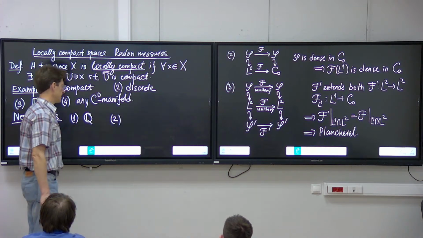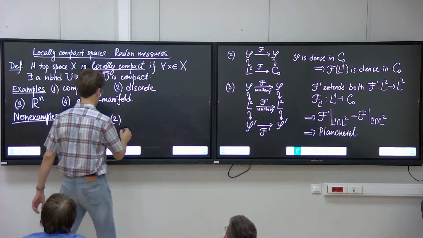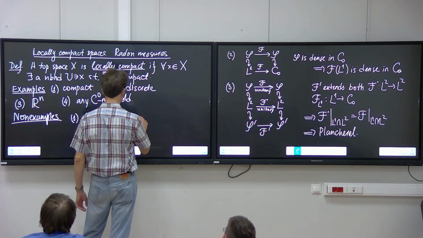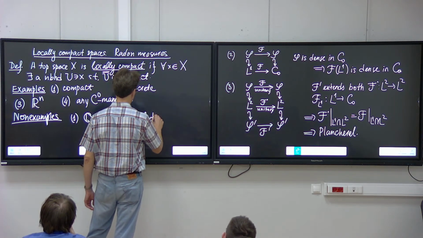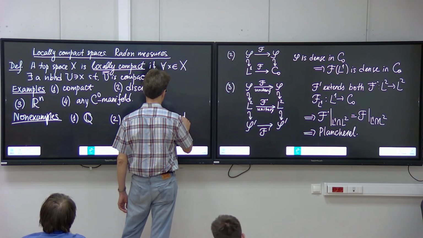Next, it's a standard fact of functional analysis that if we take an infinite dimensional normed space, then the unit ball in the space is not compact. Now, this easily implies that an infinite dimensional normed space is not locally compact.